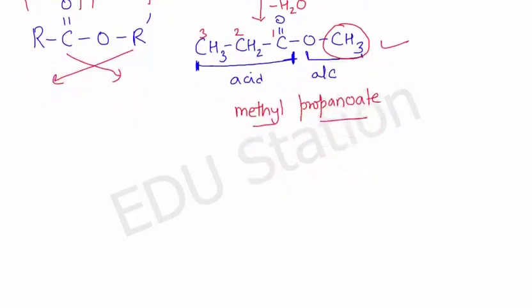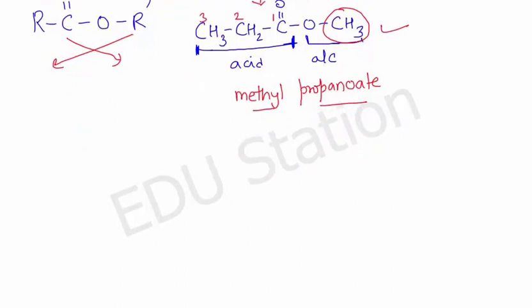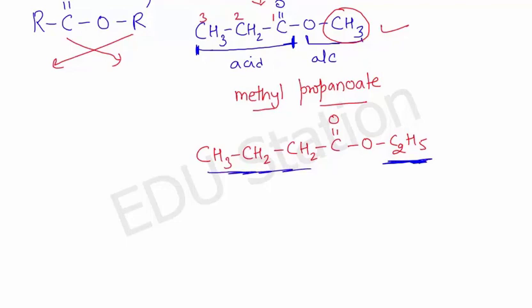If I give you CH3, CH2, CH2, C double bond O, O, C2H5, you will be able to make out in this case that this part is coming from alcohol and this part is coming from acid.